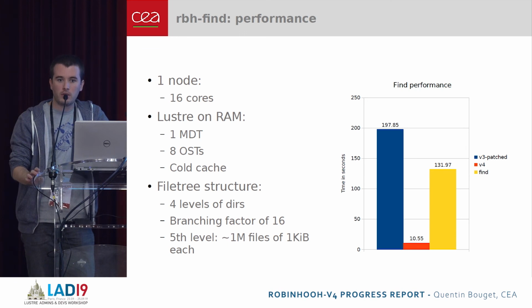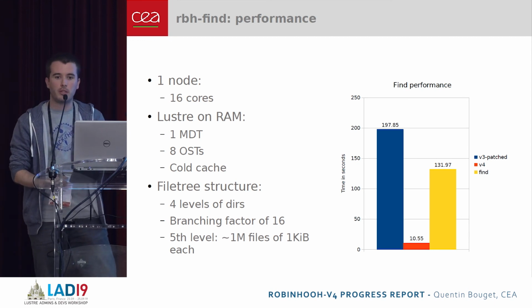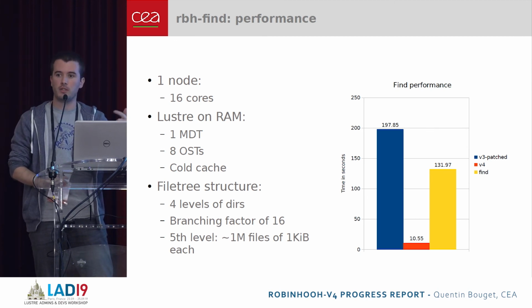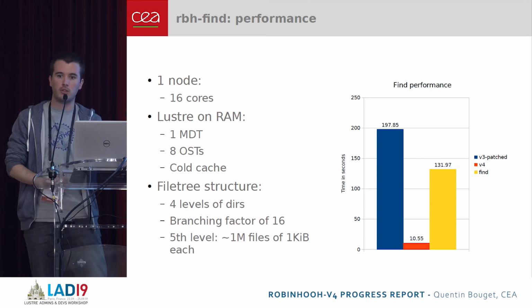Yeah, so right now what RobinHood v3 does is that it runs a procedure on the SQL server that computes the path by recursively traversing the entries and going back to the root of the file system. With RobinHood v4, if you store the path directly into the MongoDB document, you can get it for free when you get the document back.